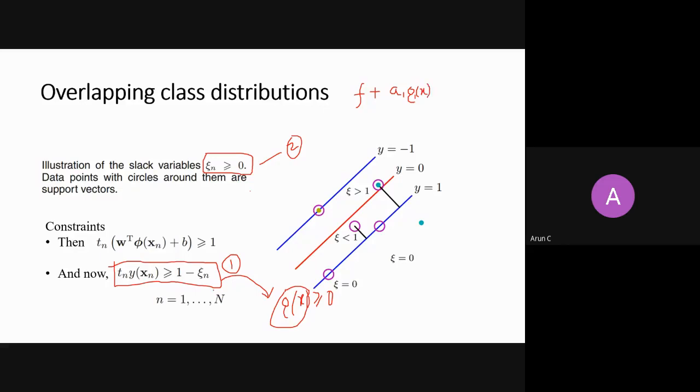How many constraints do I have? I have n constraints. So I keep on adding all these constraints, alpha 1, then alpha 2 g2(x), and I keep on adding like this till n.